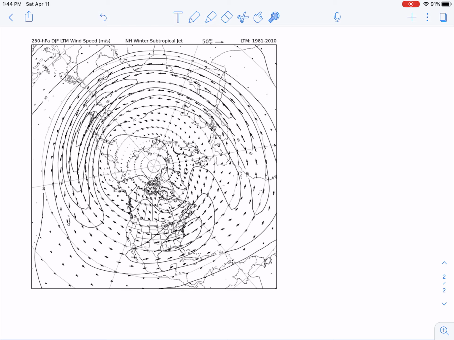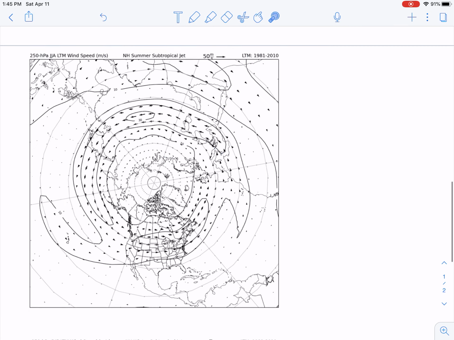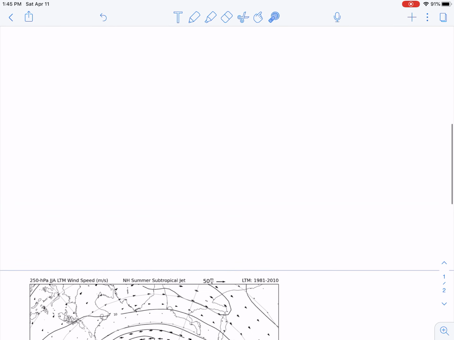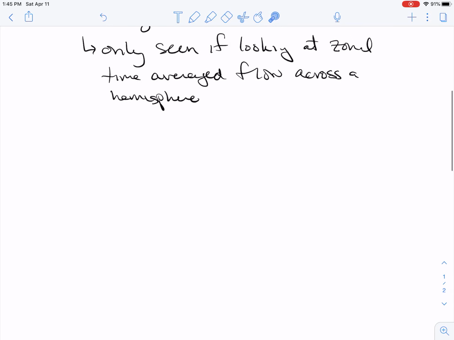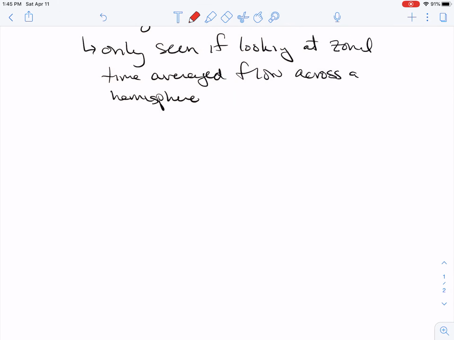And so the question is, if this is the average wind over a long-term mean, basically meaning 1981 to 2010, why do we see these jet streams? Part of it is that we don't always have very strong temperature gradients at this location. So we can't explain it just by saying, oh, hey, there's strong temperature gradients there. Now, there are some temperature gradients.